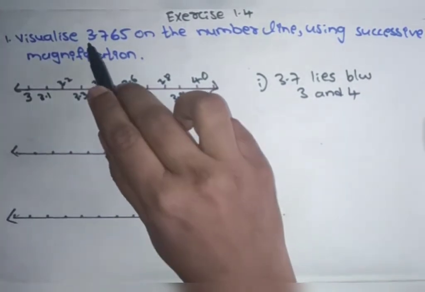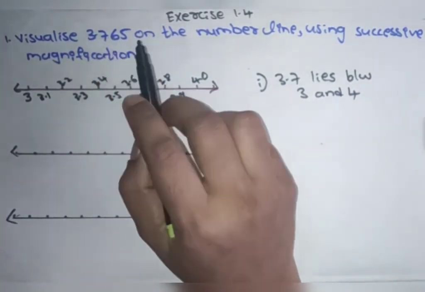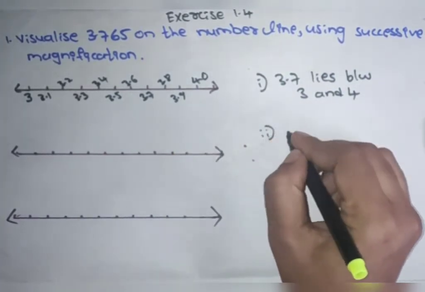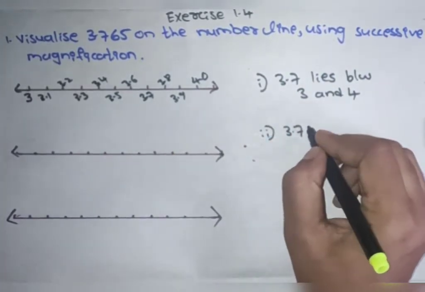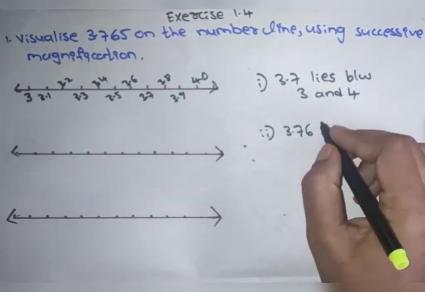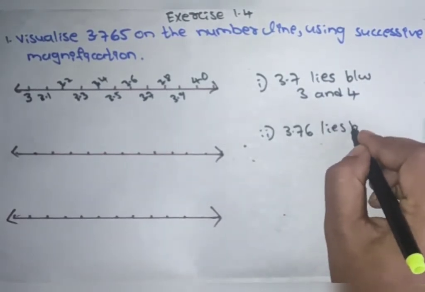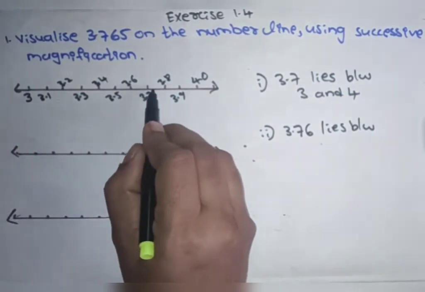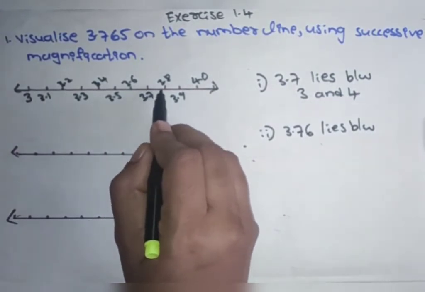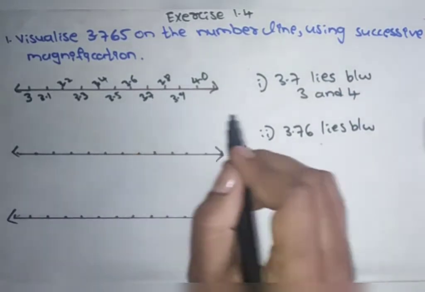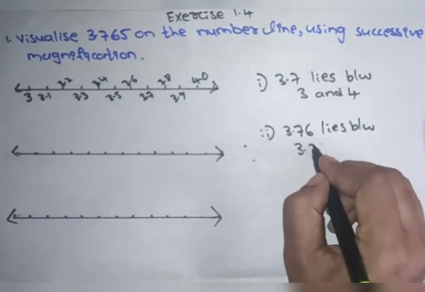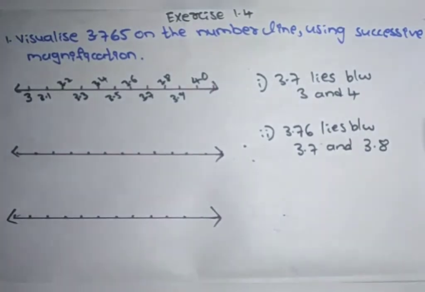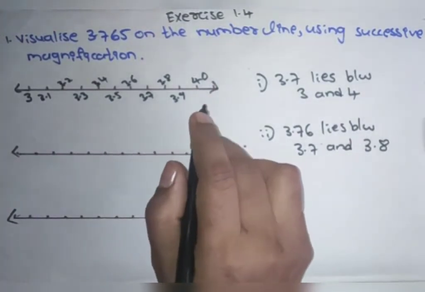Now for 3.76, which step should we magnify? For the second step, see, 3.76 lies in between 3.7 and 3.8, students. Very good. Now we will write that first.